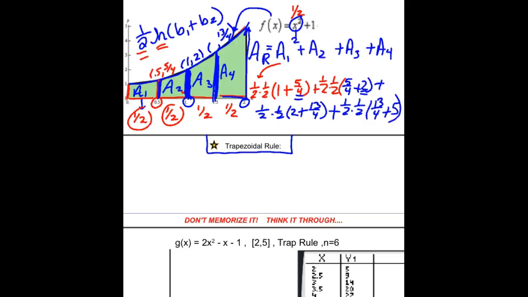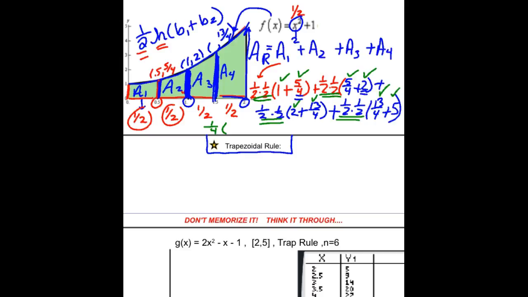Now, that's kind of a long, strung out formula there. Let's clean it up a little. Let's notice what's in all of these. 1/2 times 1/2, or 1/4, is in every part of the sum, so I'm going to factor it out. Then I would have 1 plus 5/4, plus 5/4 plus 2, plus 2 plus 13/4, plus 13/4 plus 5.